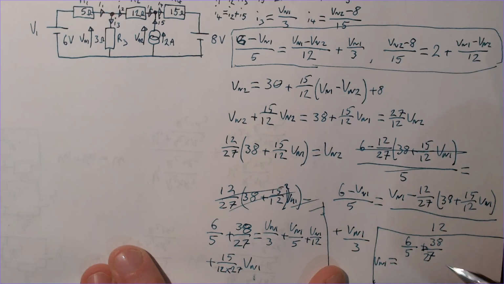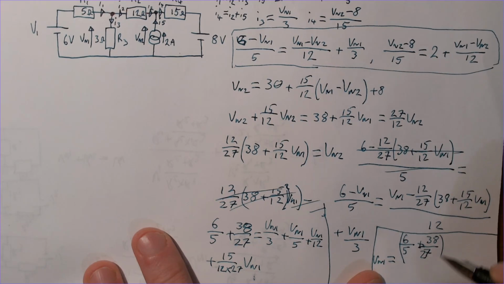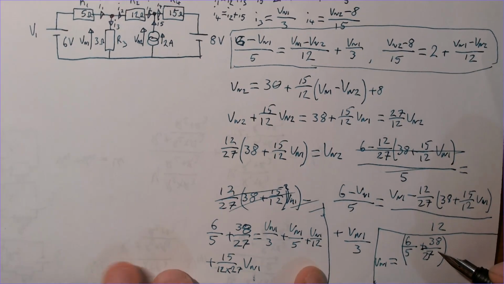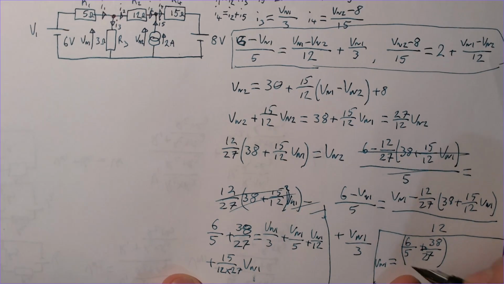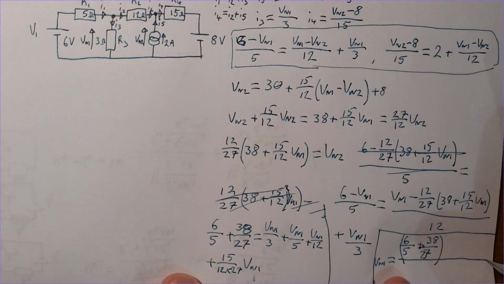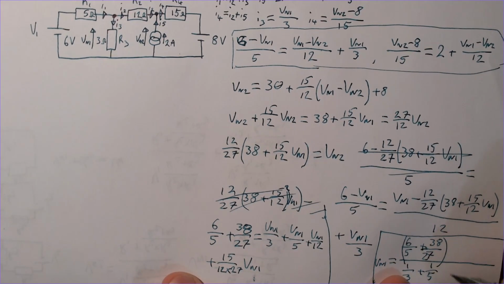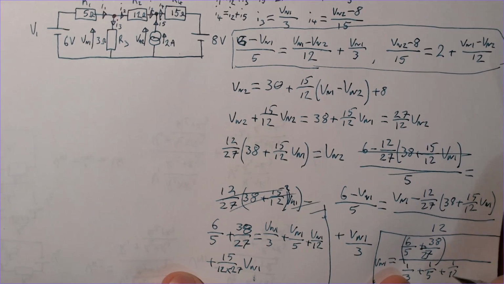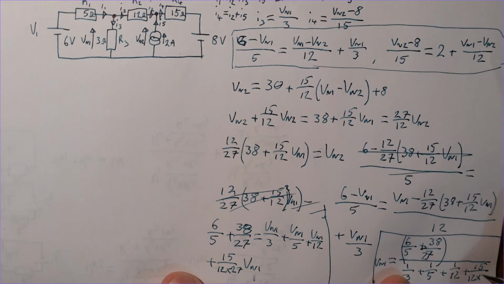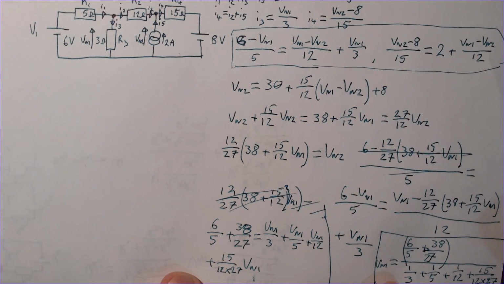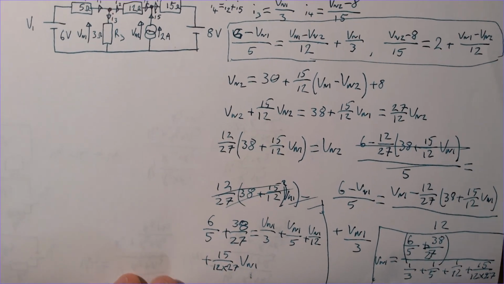So these divided by that, sorry, that's why I did that in the first place, 1 over 3 plus 1 over 5 plus 1 over 12 plus 15 over 12 times 27. And that can be put into my calculator. We get a number.